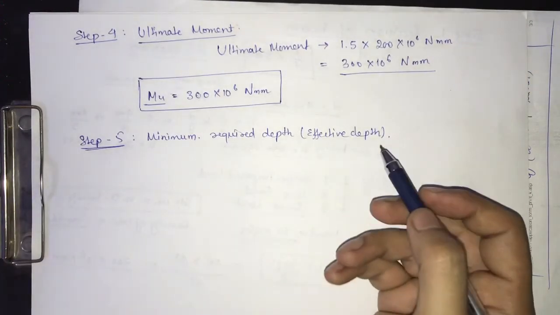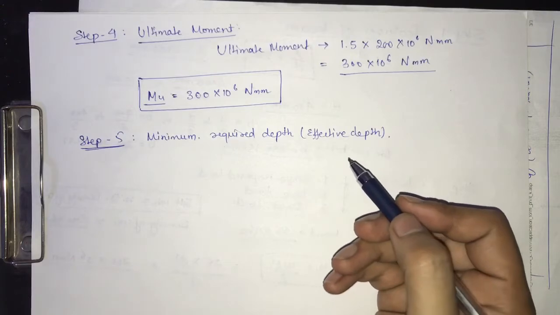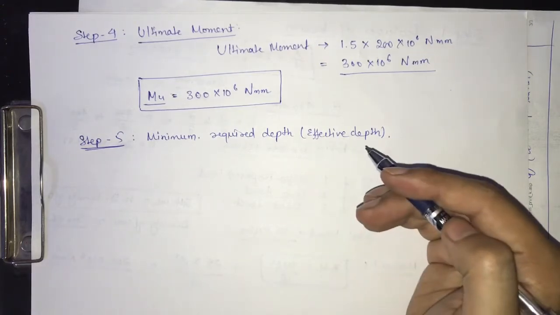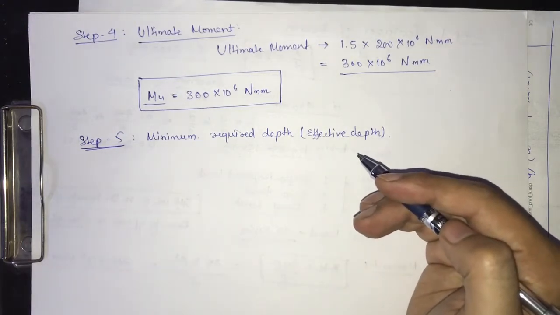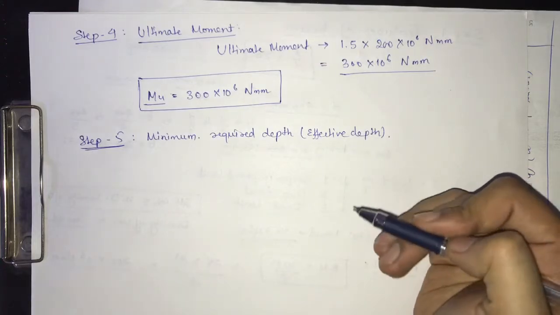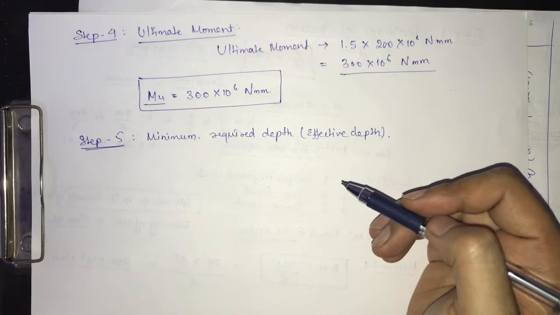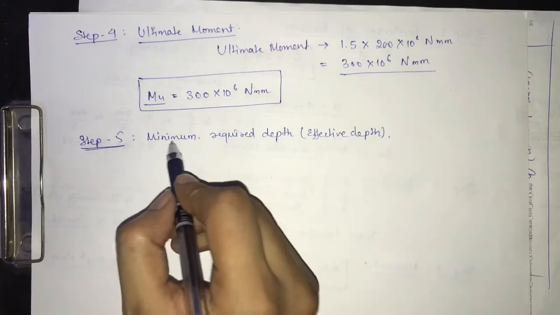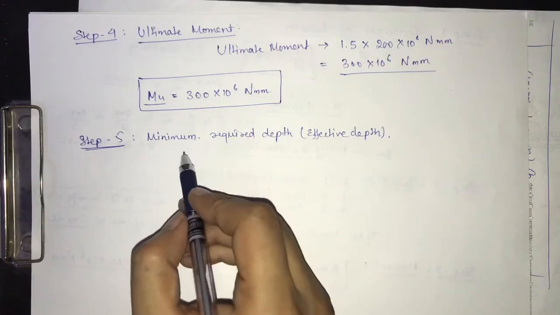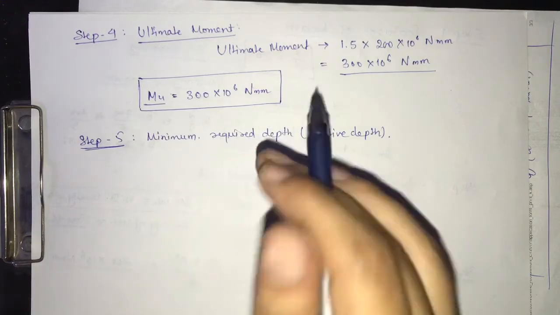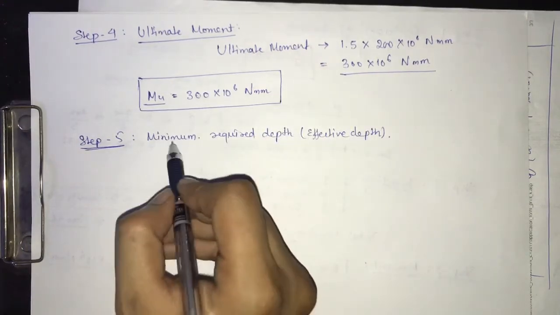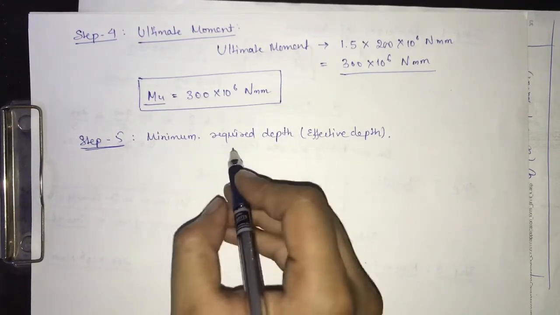Till now we have been using the assumed depth, which was 400 mm. Now we are calculating the actual depth for the calculations, which is the minimum depth, and the depth should not be less than this minimum required depth.